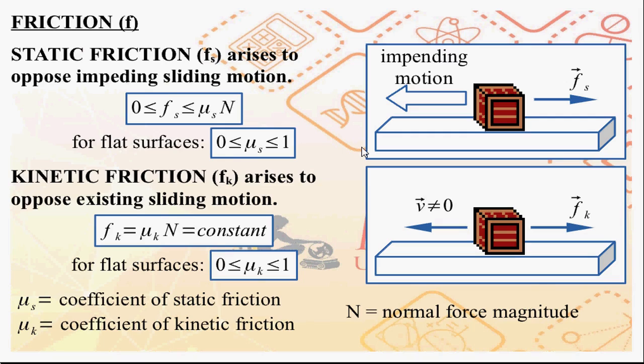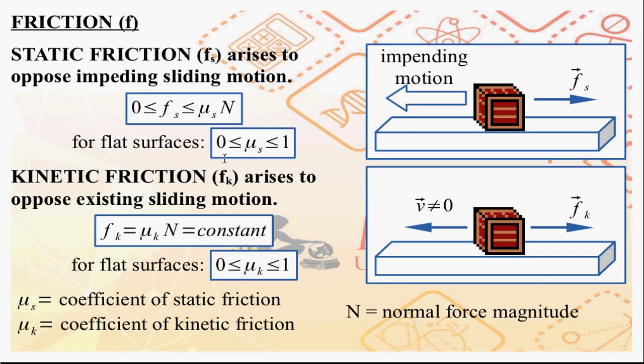Note that whether you have a flat surface or a jagged surface, mu s is never less than 0. There is no such thing as a negative coefficient of static friction. So if later on you calculate a negative mu s, you made a mistake somewhere in your analysis, because mu s is always positive.